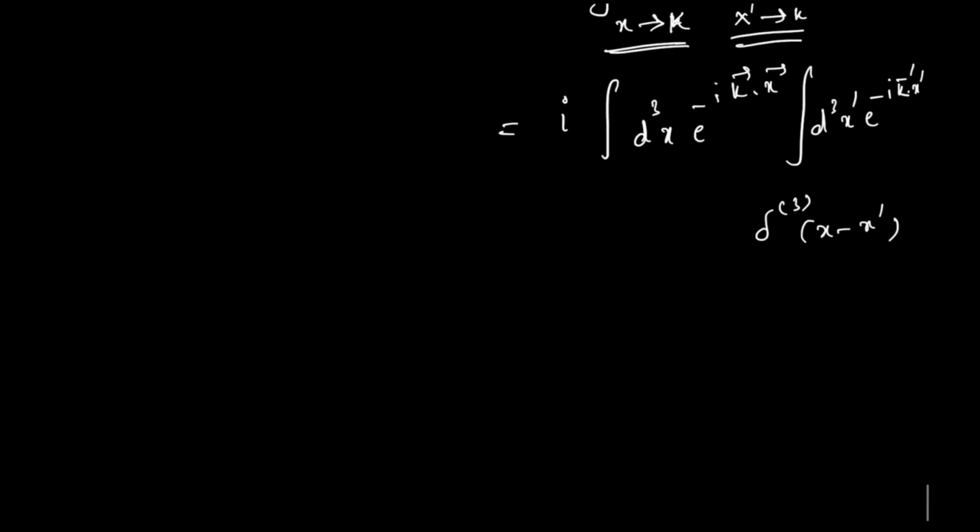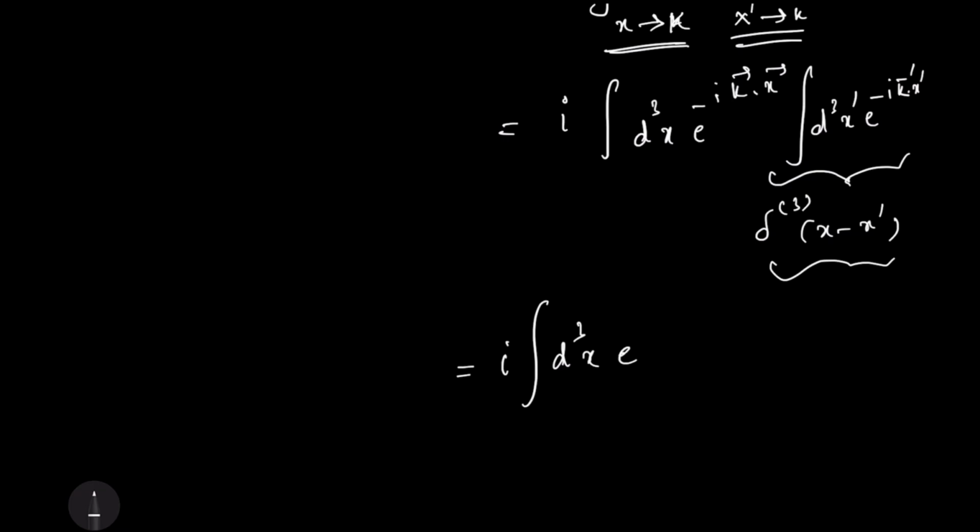First I'll solve the first integral and then I'll use it to solve the second integral. For the first integral, the result will be e raised to minus i k prime x, because del cube of x minus x prime will survive only if x is equal to x prime. A function multiplied by the Dirac delta and integrated will be the function itself, right?